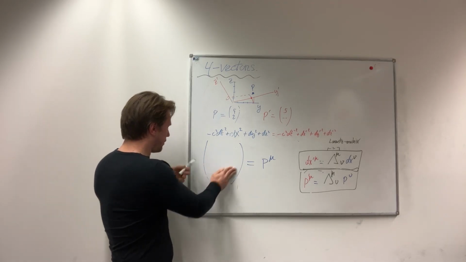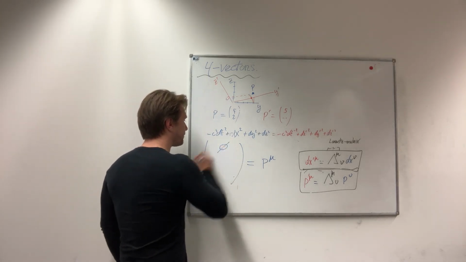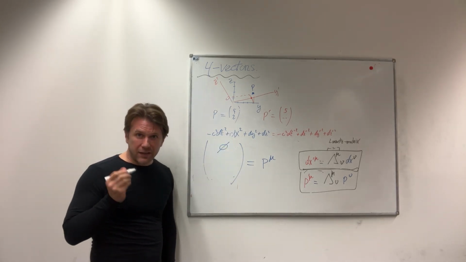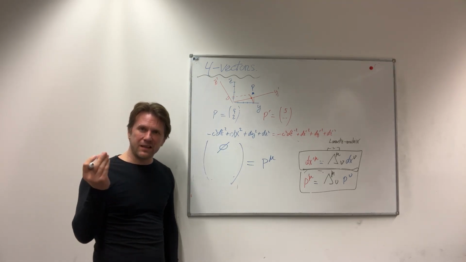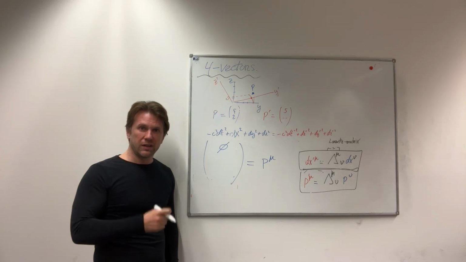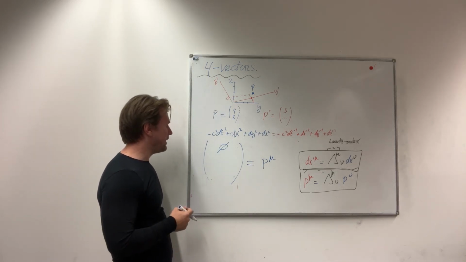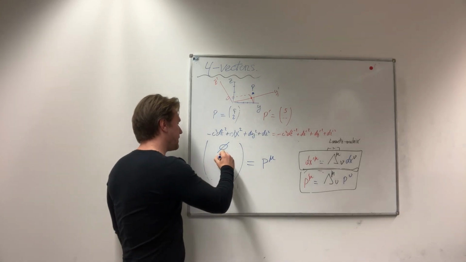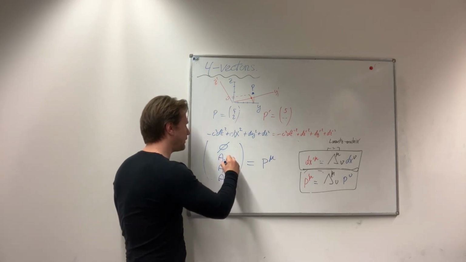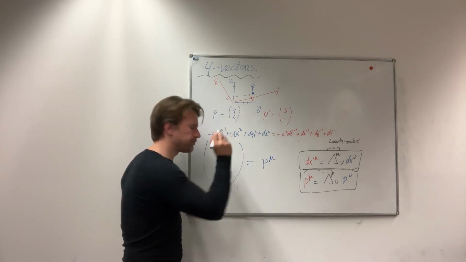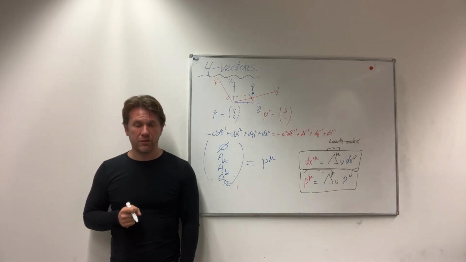There's a very special 4-vector that comes from electromagnetism, namely phi, the electrostatic potential. It's sort of the energy that two particles feel when they attract each other or repulse each other electromagnetically. But if you know your electrodynamics, then you know that there is also this thing that we call the vector potential.